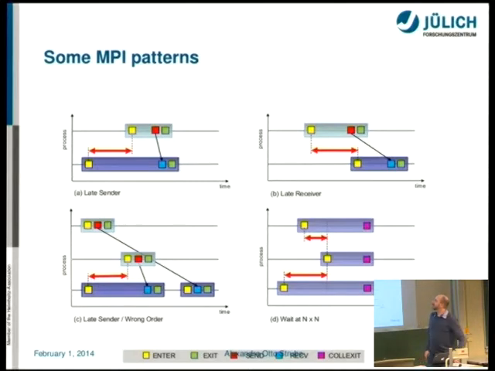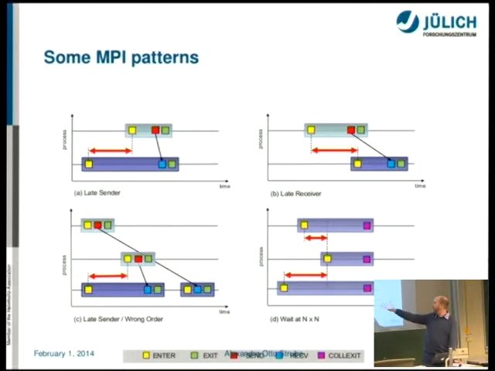So what do we measure? This is an example. Those are classic examples of MPI patterns. The first one is late sender, when a process took too long to send a message, and the other process is already waiting. So this delay, this waiting time, is measured. You have late receiver, which is the opposite.